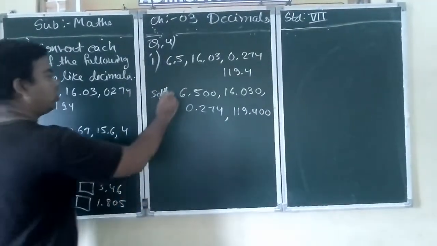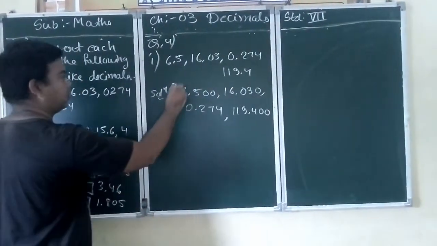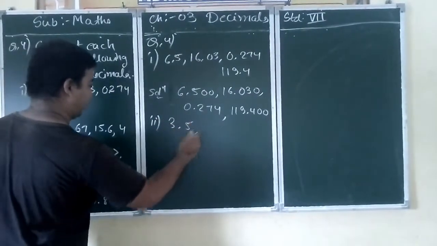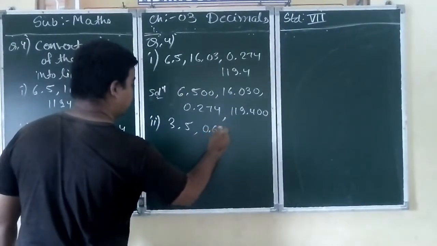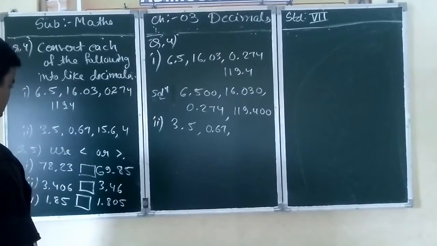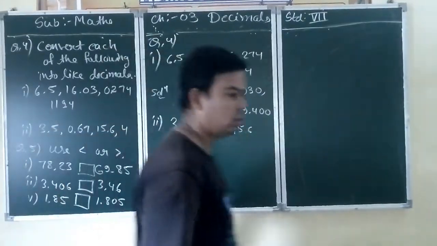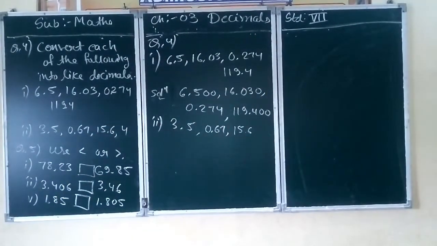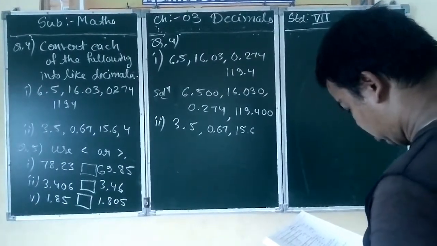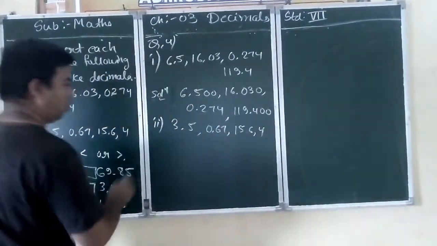So this is the way to change unlike decimals into like decimals. The second question: 3.5, 0.67, 15.6, maybe the question is something wrong, 15.4, 15.6, 4.